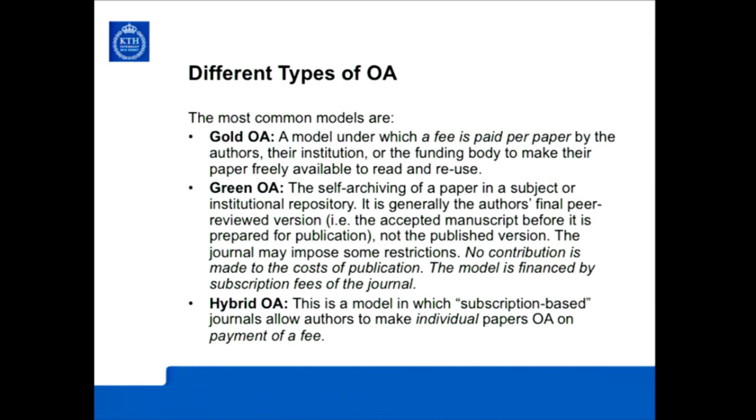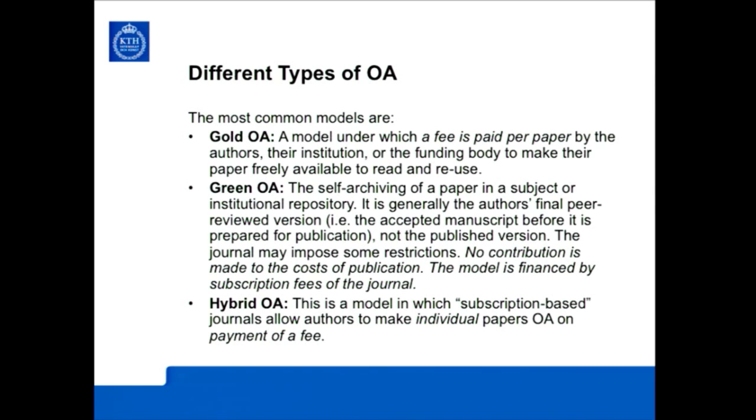They set some embargo time, so that after a certain embargo time, you can put it on a repository. And no contribution is then made to the cost of publication. And this model is basically financed by subscription fees to journals from libraries and institutions.